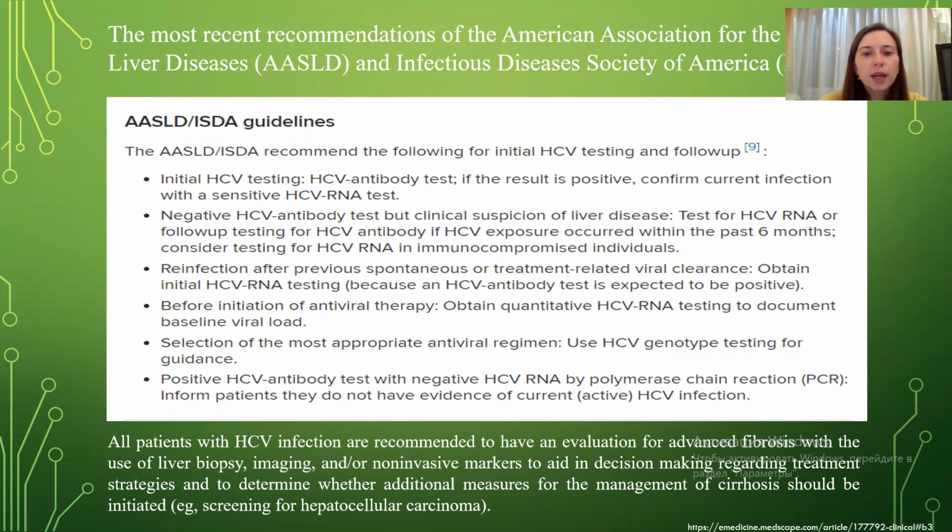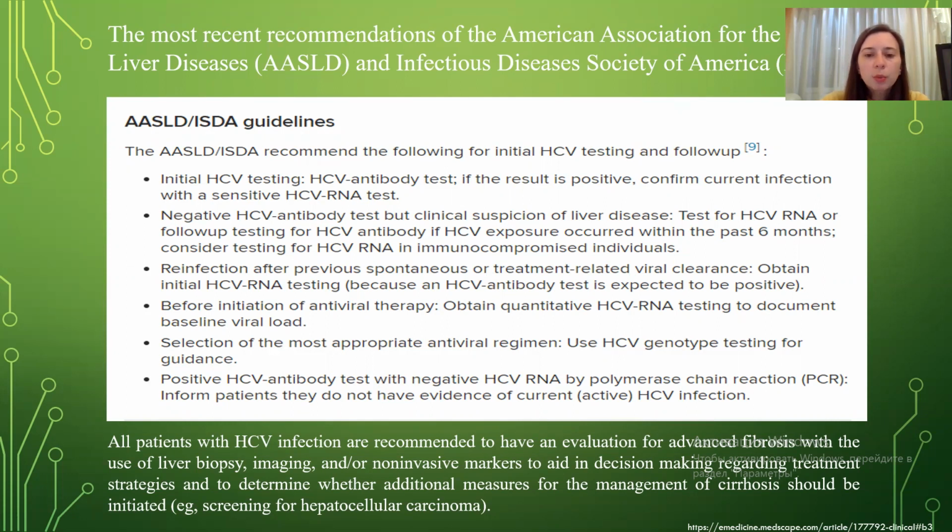Consider testing for HCV RNA in immunocompromised individuals, and in reinfection after previous spontaneous or treatment-related viral clearance. Obtain HCV RNA testing before initiation of antiviral therapy. Obtain quantitative HCV RNA testing to document baseline viral load.